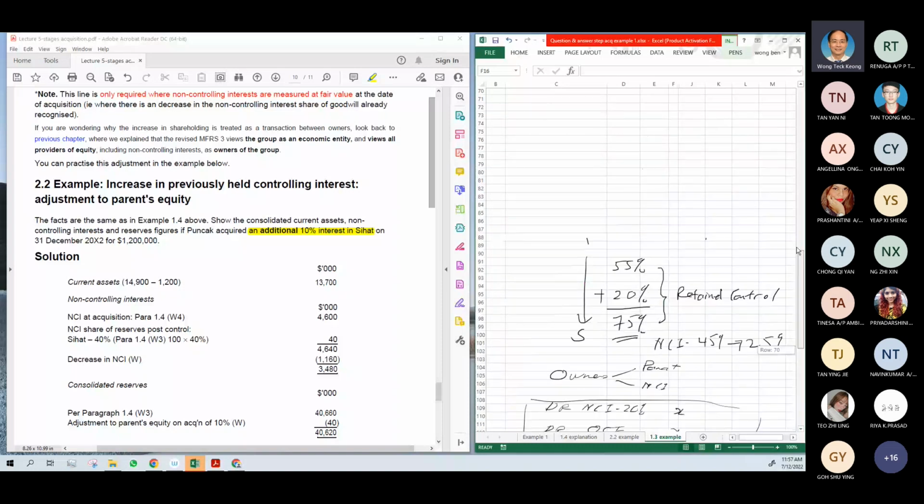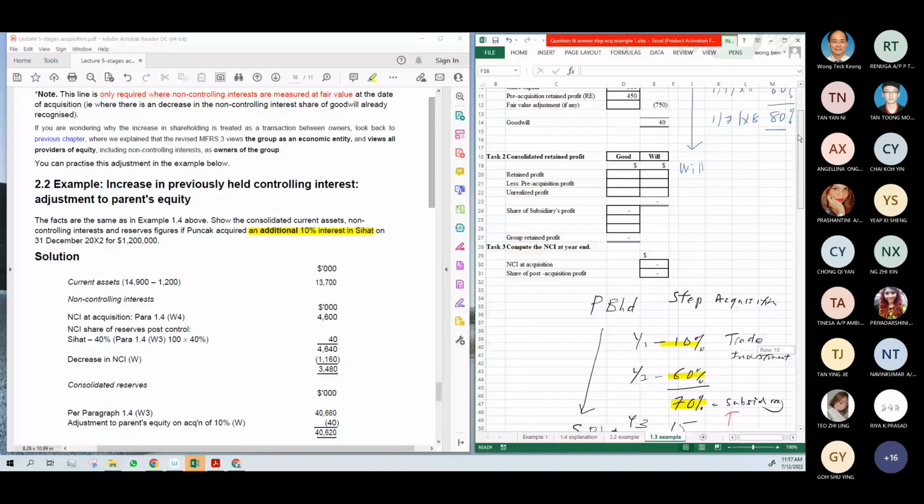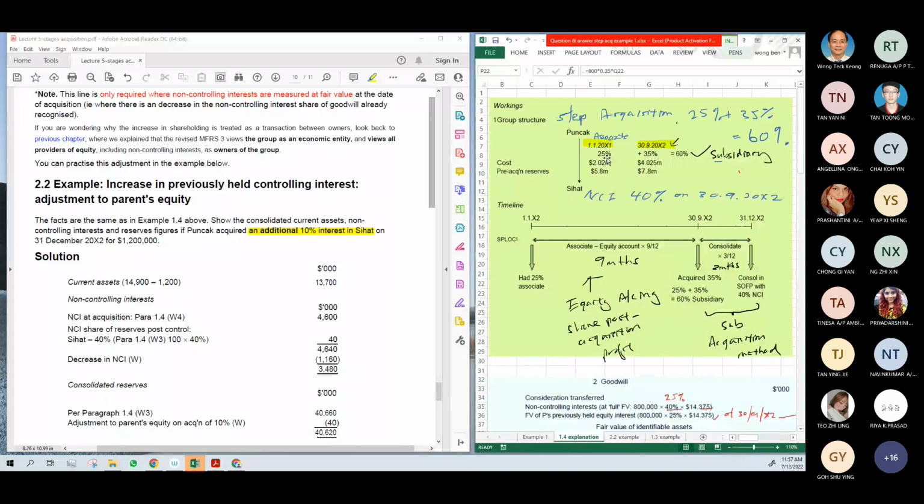Go back to the first one. 25, at the time you are 60, now you buy another 10%. So 60% subsidy, bought another 10%, you got 70%. So this is type 3, retain control.